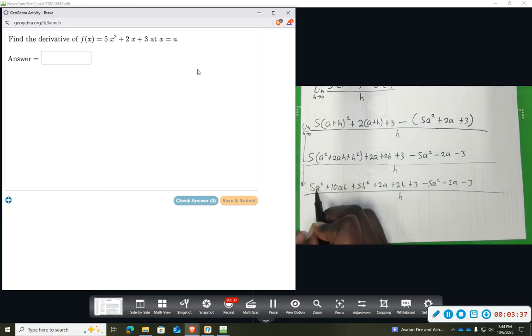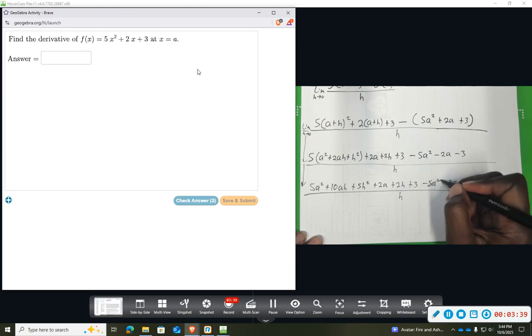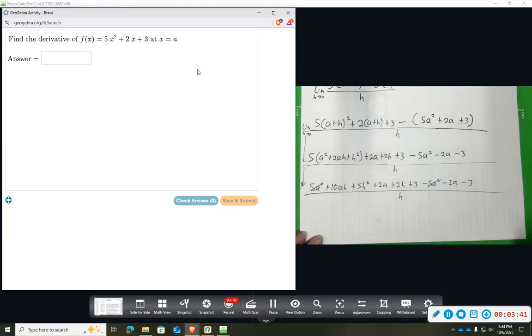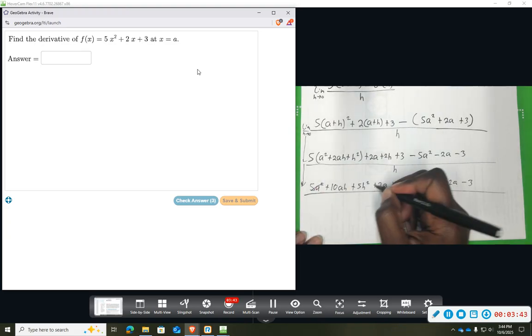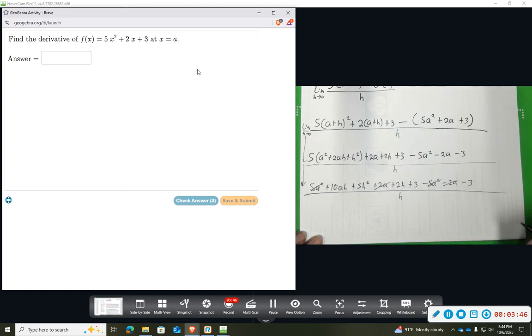Okay, so we have a positive 5a squared and negative 5a squared. Those will go to 0. We have a minus 2a, a positive 2a. Those will also cancel each other, and then the plus 3 and minus 3. So that'll always happen each time we do the difference quotient.